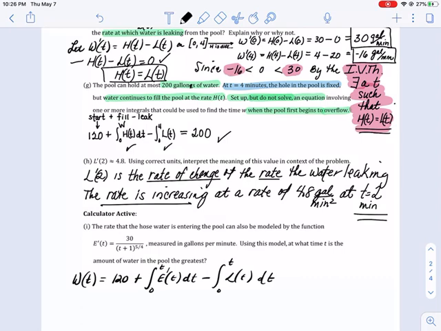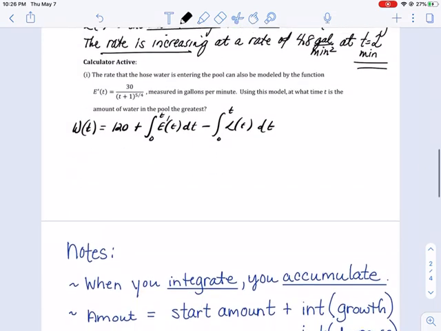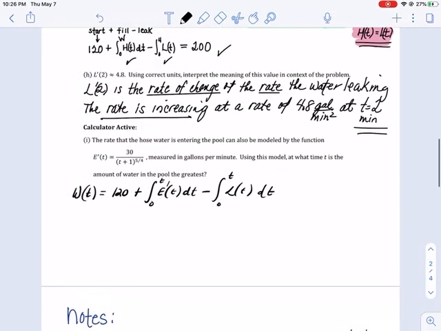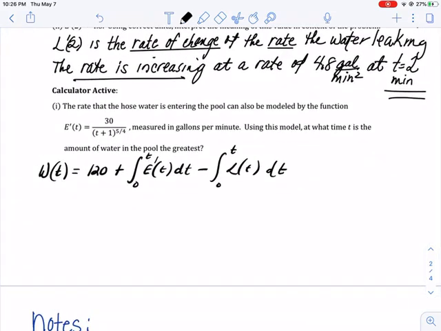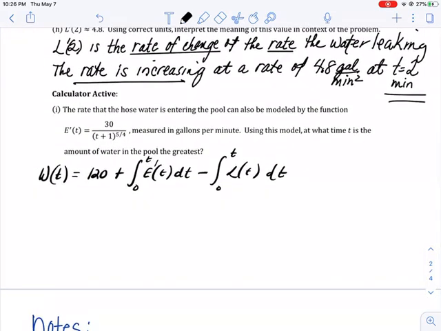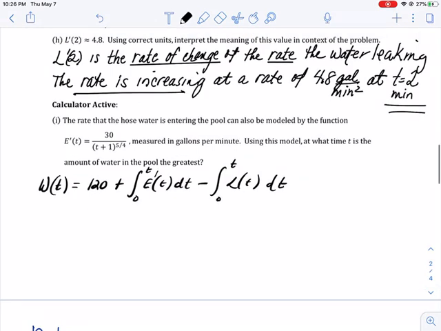Okay. Alrighty. So last problem, and this is a calculator active problem. So I'm going to go to the calculator on my iPad. I have a mock TI-84 or 83 or something like that. But the rate the hose water is entering the pool can also be modeled by a function. So now this is not an approximation that we're doing.